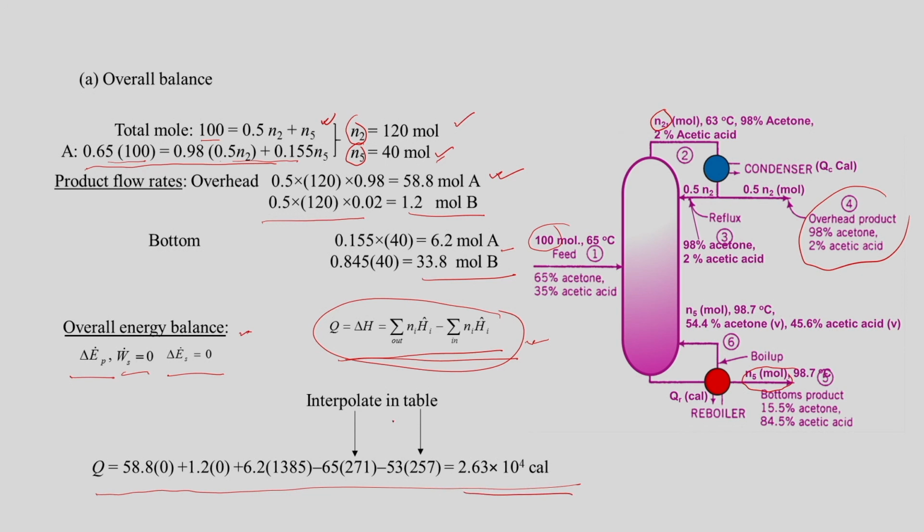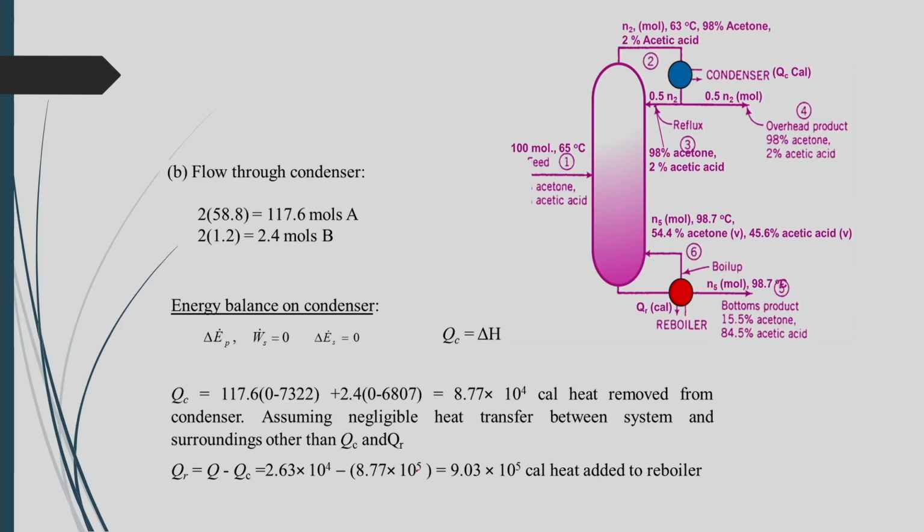Now, in this case, incorporate the value in the table, whatever it is given at a different temperature. After that, you have to find out what will be the heat loss in the condenser.